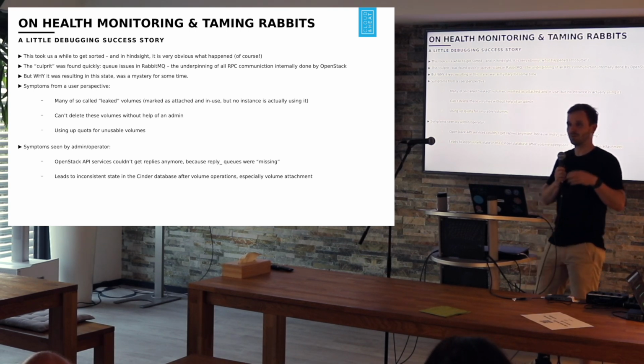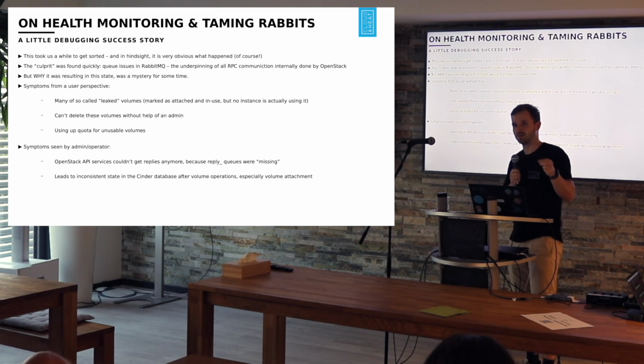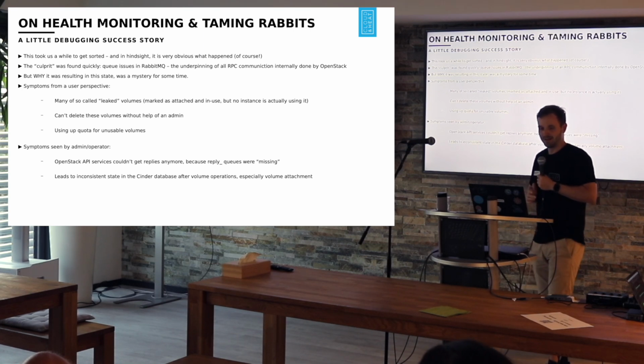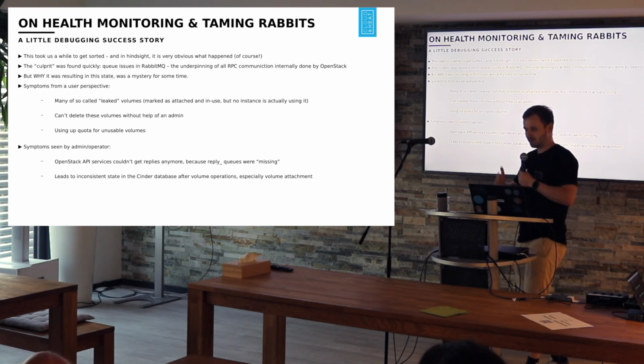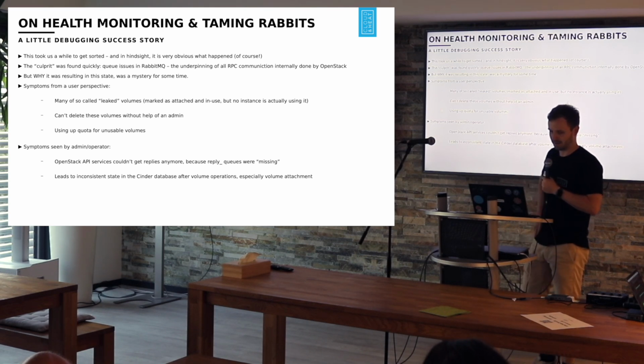And as you might know, RabbitMQ is the underpinning of all the communication, all the remote procedure calls inside OpenStack. And if RabbitMQ is not happy, OpenStack is not happy. And we knew there was some issue in RabbitMQ, something going on with the queues, but we did not know why this happened.